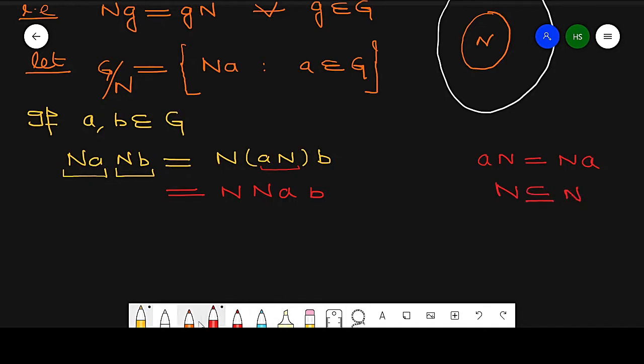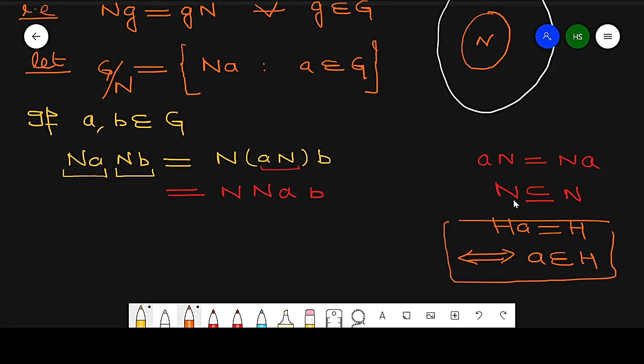And we discussed the property: Ha is equal to H if and only if a belongs to H. By using this property, since N is a part of N, N times N is equal to N. So N N ab can be written as simply N ab.